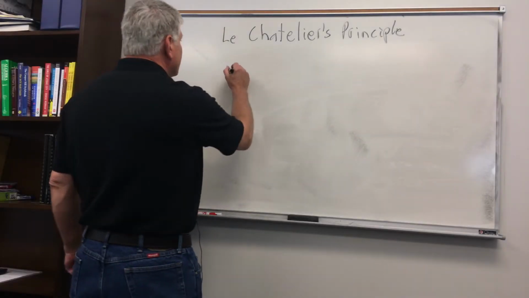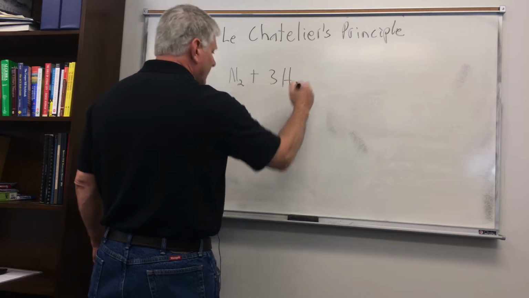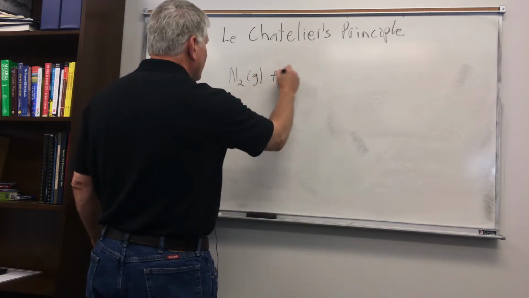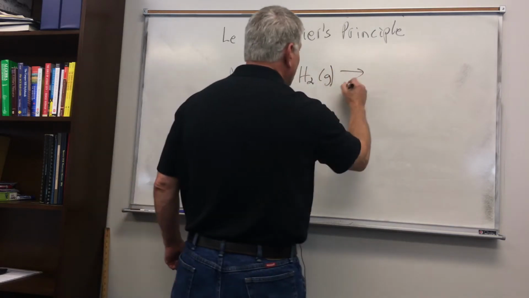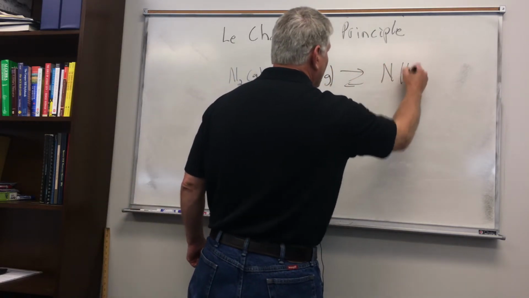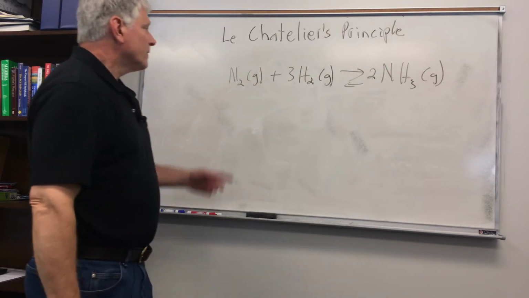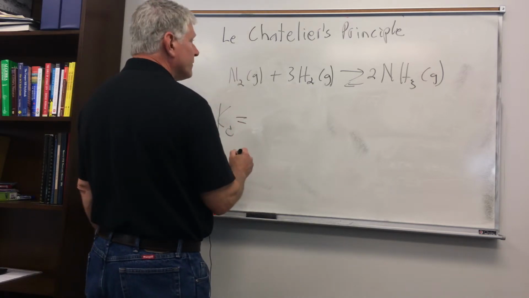Now let's consider the reaction of nitrogen and hydrogen in the gas phase to form ammonia. So say we're in the gas phase and we have the equilibrium constant in terms of concentration.